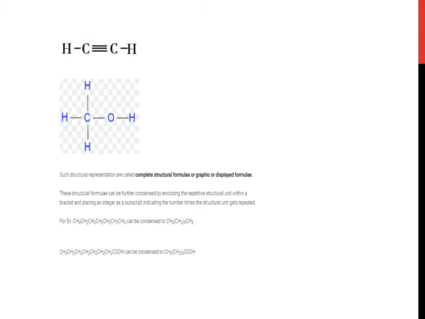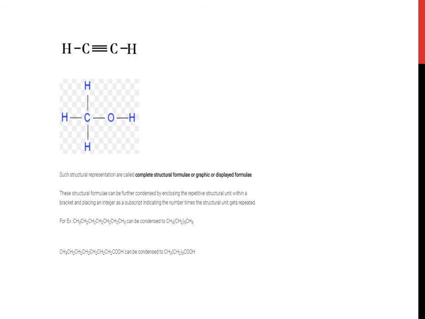The repeated term can be put in brackets with a subscript. It can be written as CH3, CH2 5 times, CH3.